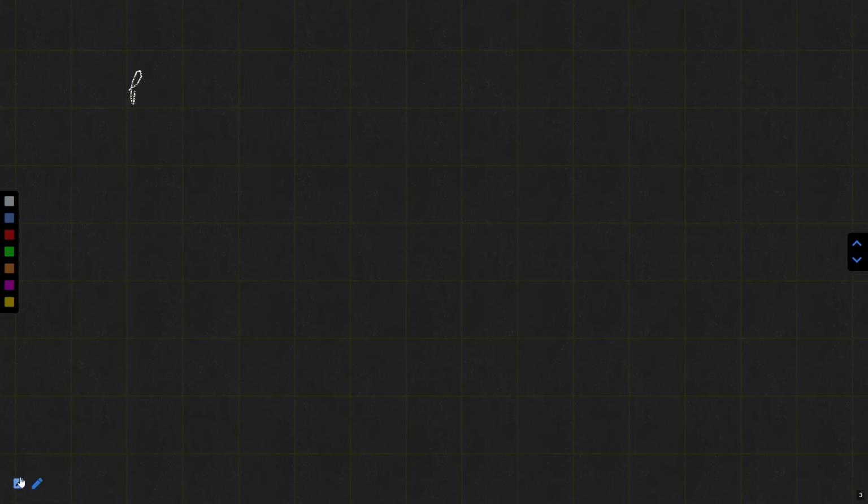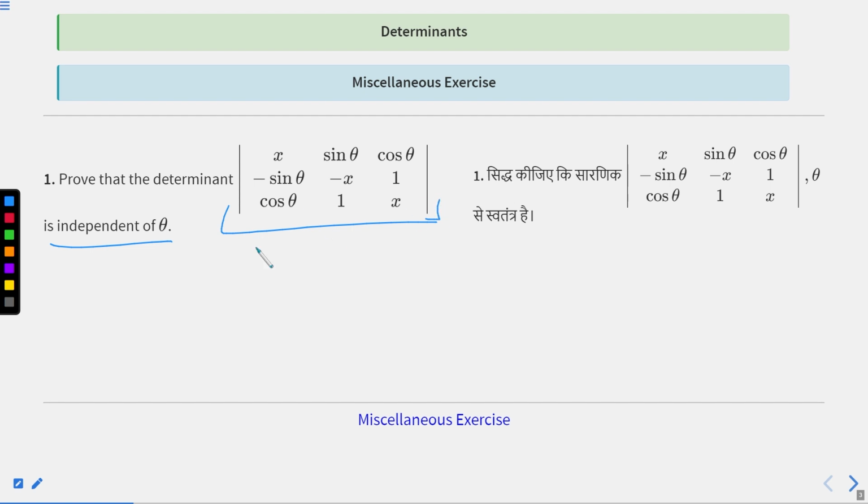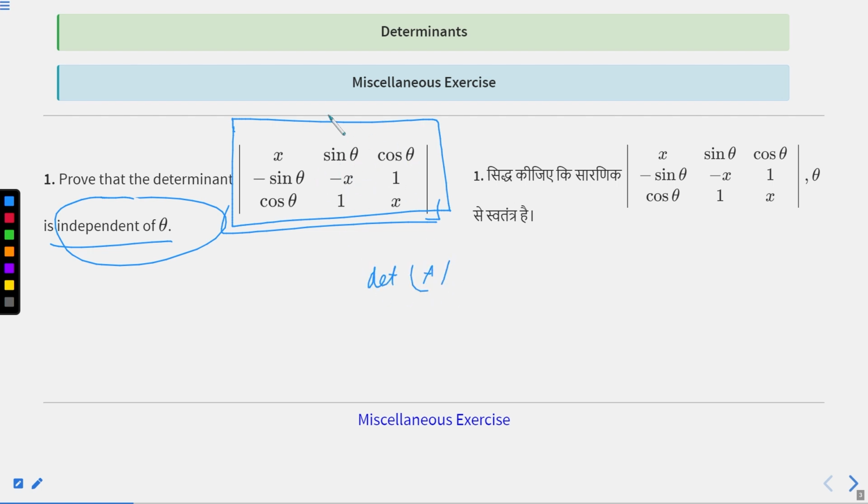Before solving this problem, let me first give you the meaning of what this says. Independent of theta means that after evaluating the determinant of this matrix A, you will get some expression in terms of x, or it could be just a number.